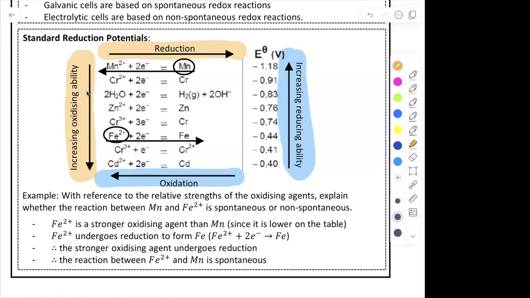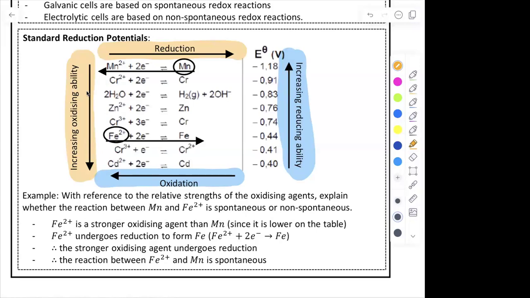That's how we read it. And then what I also say, at the end of the day, is look at your E naught values, right? The more positive my E naught value, the more likely that substance is going to undergo reduction. The more negative my E naught value, the more likely it's going to undergo oxidation, right?